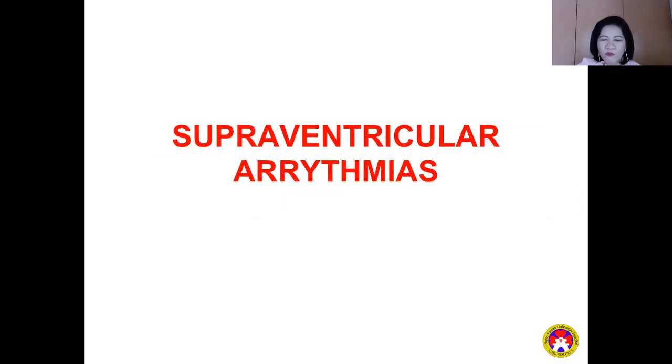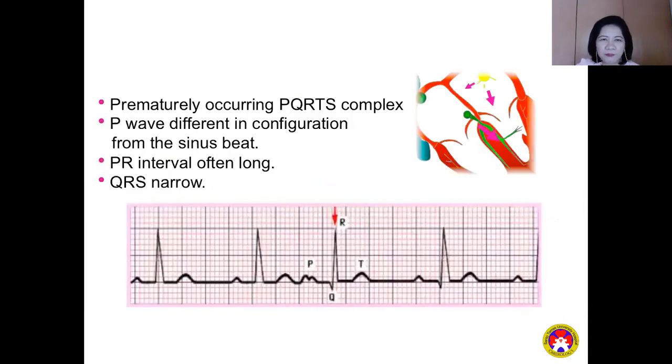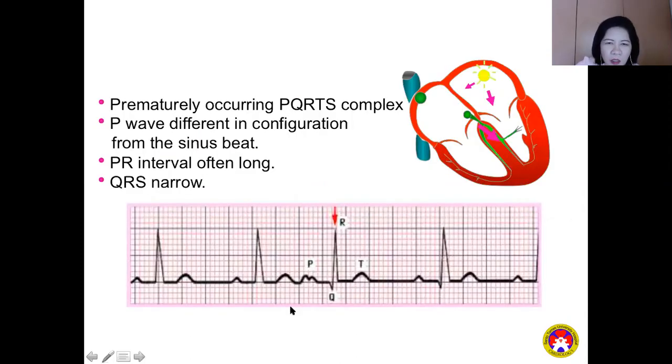Let's go to supraventricular arrhythmias. Here, you can see that this complex appeared earlier than the distance between this one to that one. So this is a premature complex. If you look at the P waves, the P here is different in morphology to the rest of the P waves.